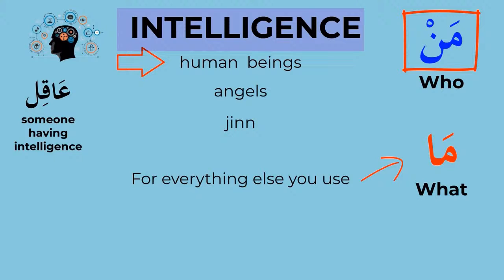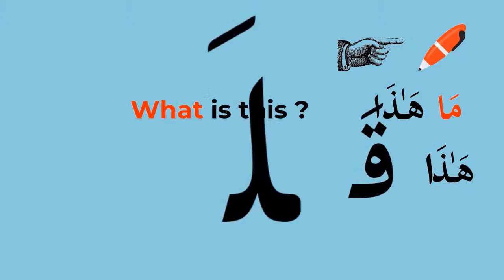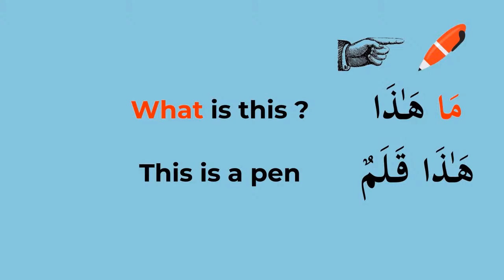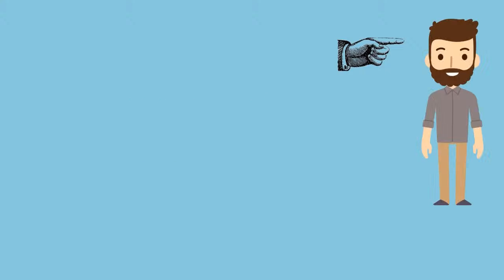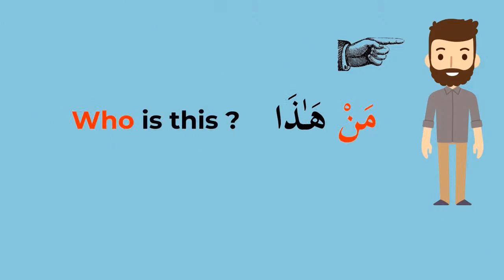Are you with me, brothers? So you can say ma hadha, hadha kalam. But if I point to brother Muhammad, I cannot say ma hadha; I will say man hadha. And my answer will be hadha Muhammadun.